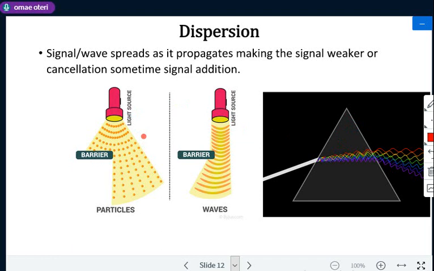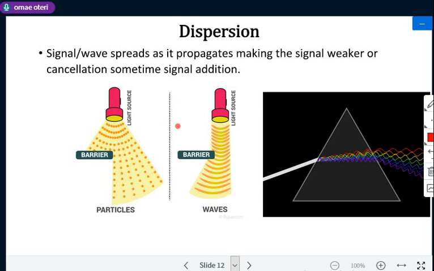So one is the spread of the signal as it propagates, and you need to know that as it spreads, it will be reducing in strength. Then the other one is where we are separating the frequencies. So what will be the positive effect of dispersion? And what will be the negative effect of the same?